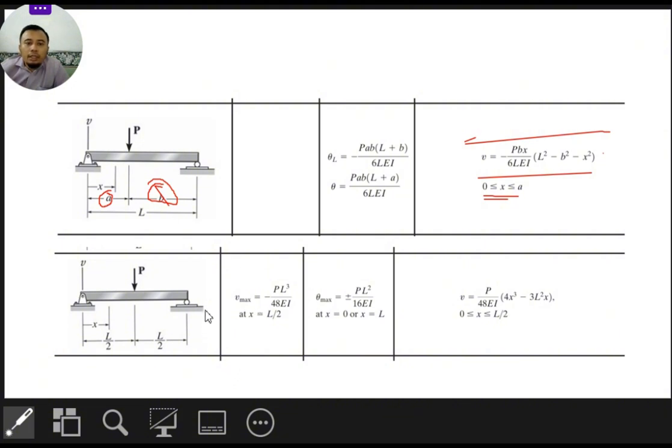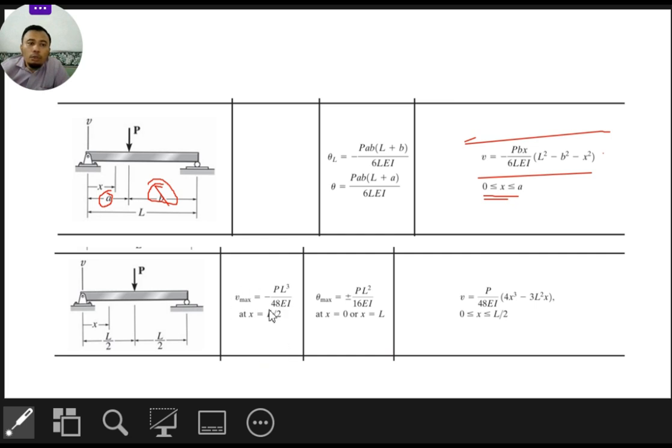Maximum deflection depends on the position of the point of interest, usually given at the end of the formula. As you can see in the second setup here, the maximum deflection v max occurs at x equal to L over 2.